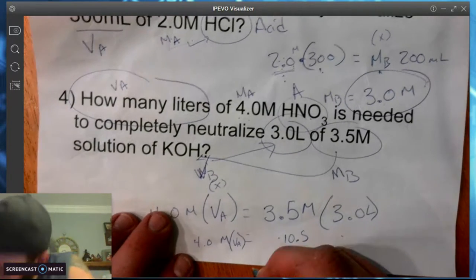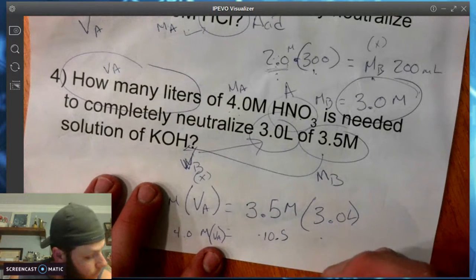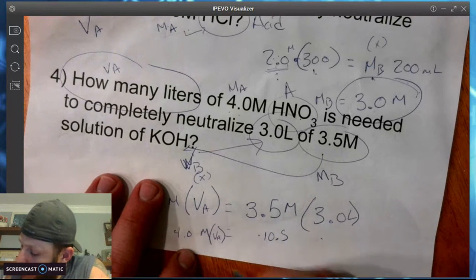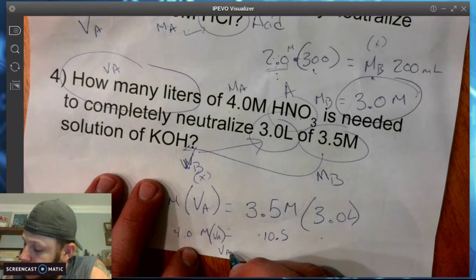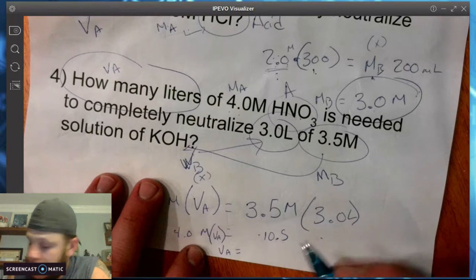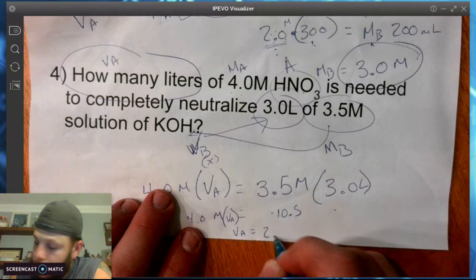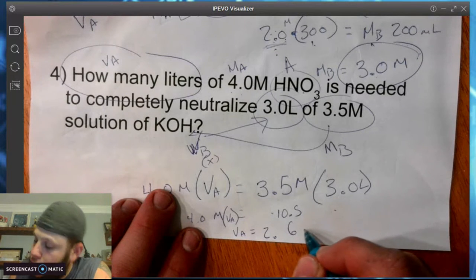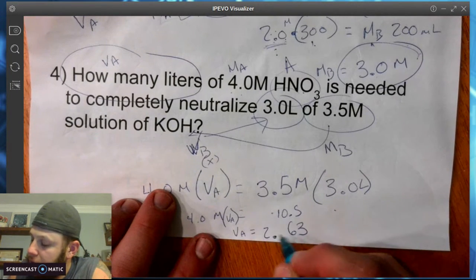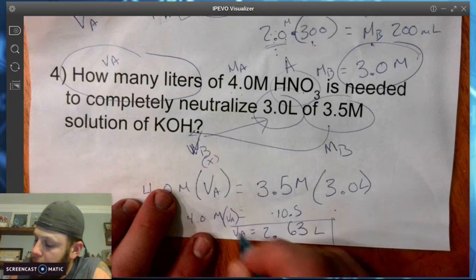2.62. So the volume of the acid that was needed was 2.625, so we'll call it 2.63 liters.